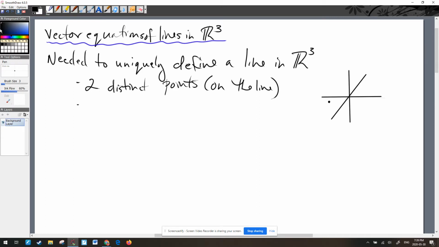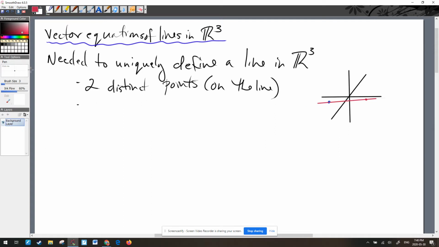There's the point. And then we've got another point that we go back, down, and back, and so here's another point here. And that is going to be sufficient information to get us a unique line in R3. So 2 distinct points on the line, that'd do it.